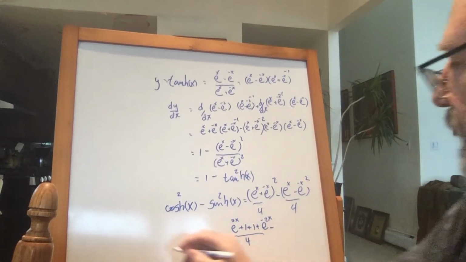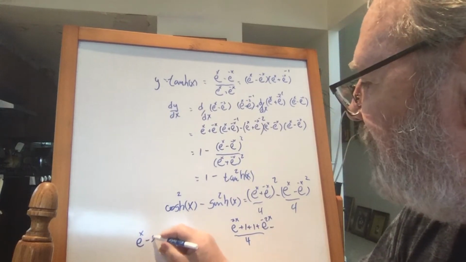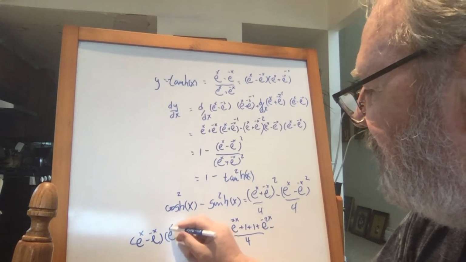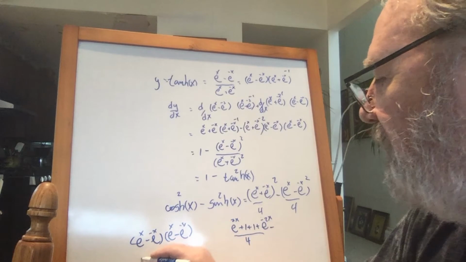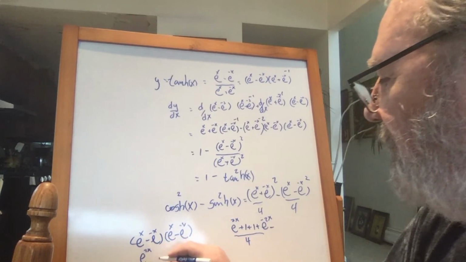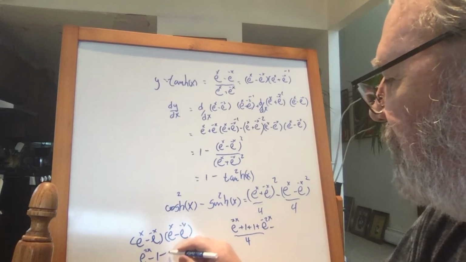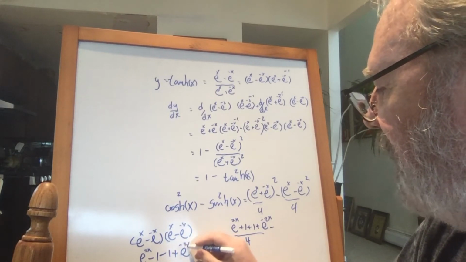Minus, now this is e to the x minus e to the minus x, squared. That's e to the 2x minus 1 minus 1 plus e to the minus 2x.